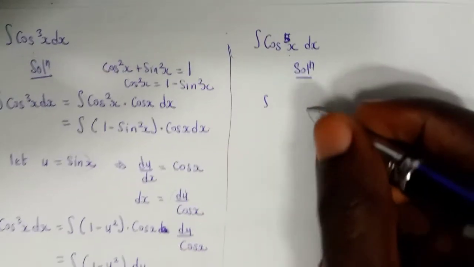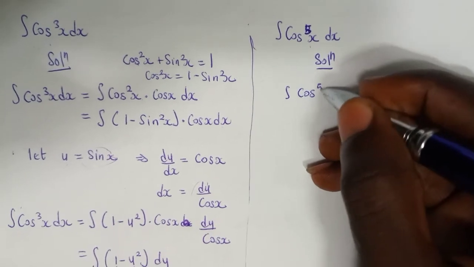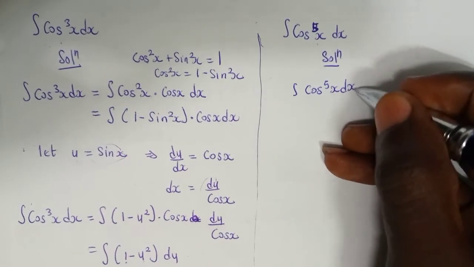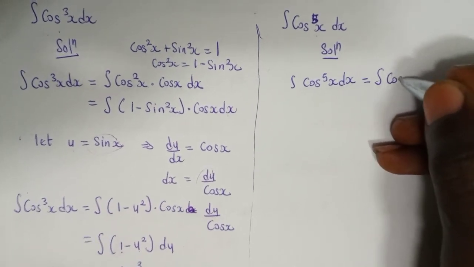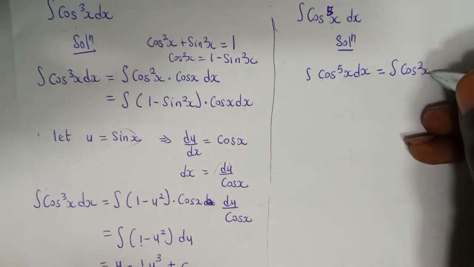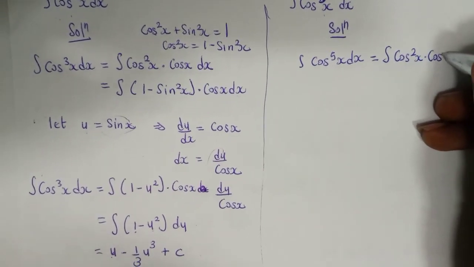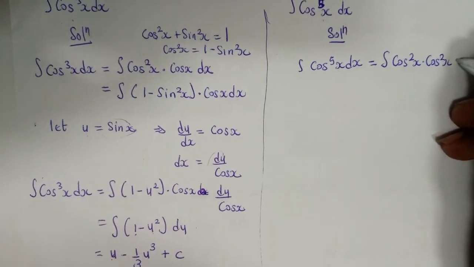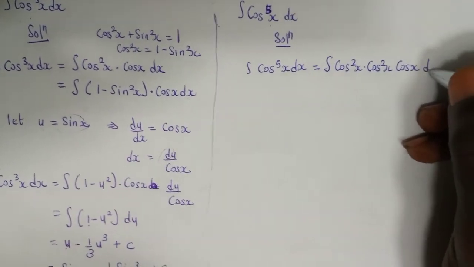So the integral of cos exponent 5 x dx will be equal to the integral of cos square x times cos square x times cos x dx.